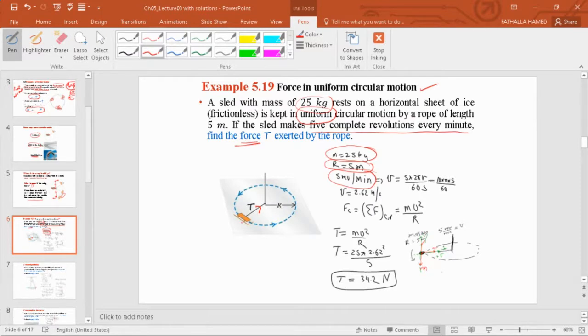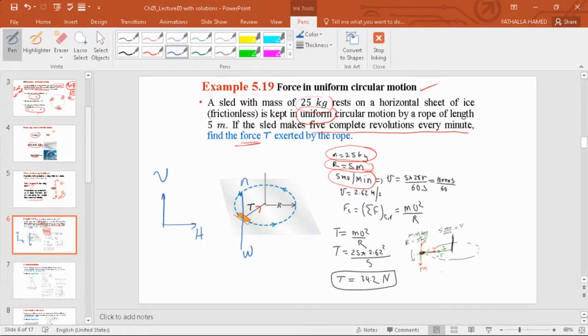So what you can do is, if you follow your free body diagram, the weight will be down, the normal force will be up, and then you have a net force which is acting toward the center. Now, in a situation like this, if you want to talk about x and y axes, maybe we can talk about horizontal and vertical axes.